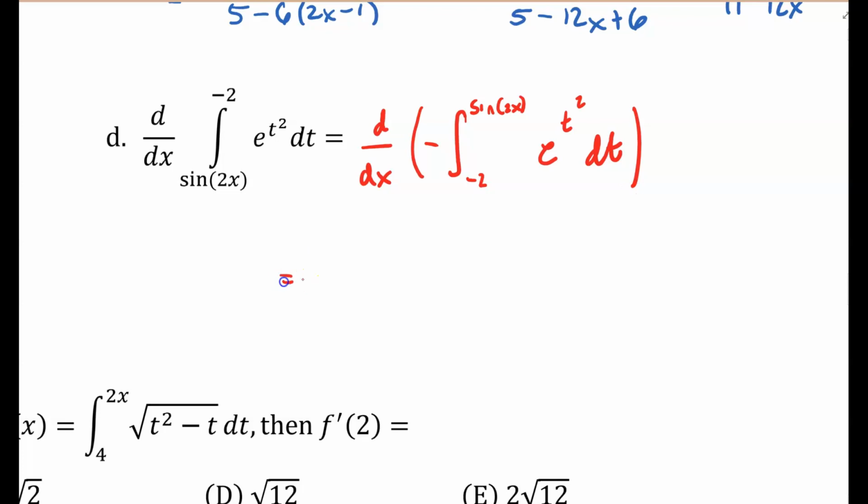So what I get is negative. Derivatives and integrals cancel, and I have e to the power of sine of 2x, all of that squared, and then times the derivative of my limit.